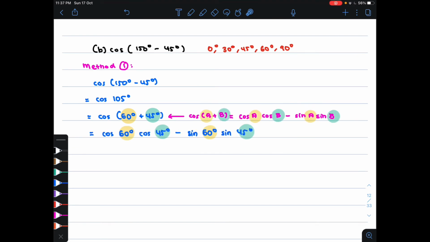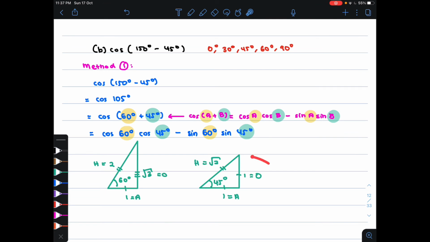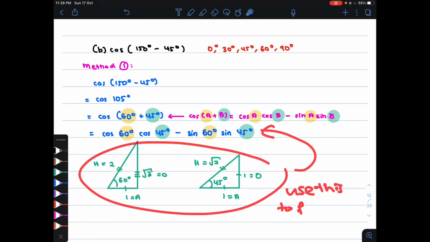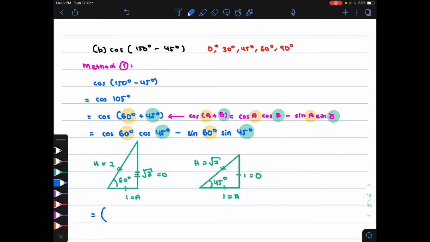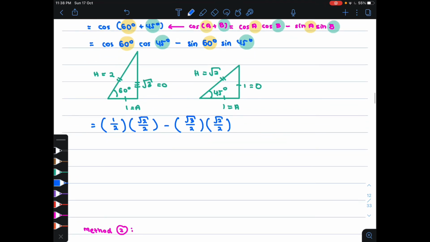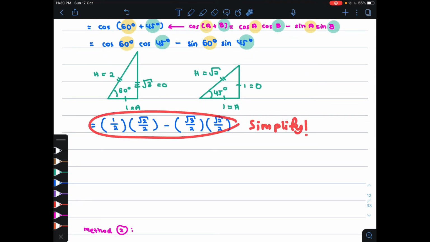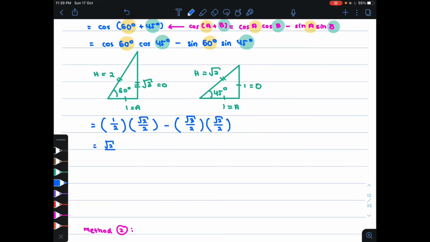Now we just need to apply the special angle values as per usual. And hence, the final answer is square root 2 minus square root 6, divided by 4.